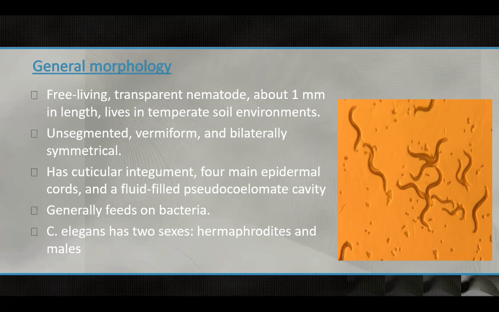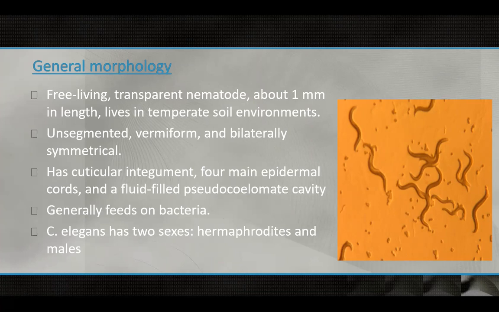But the C. elegans is transparent, it has a high reproductive rate, and it generally feeds upon a colony of bacteria. So these can be effectively maintained within a petri plate as they are going to feed upon the bacterial cells. So they can be effectively maintained on a single petri plate.